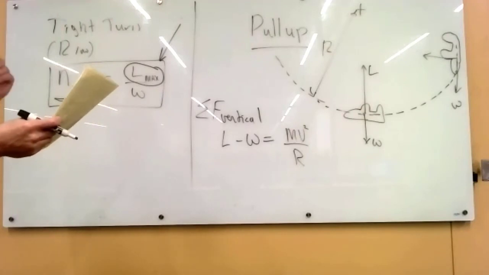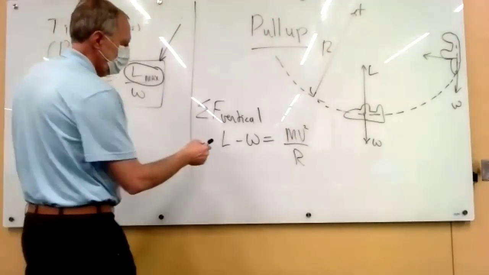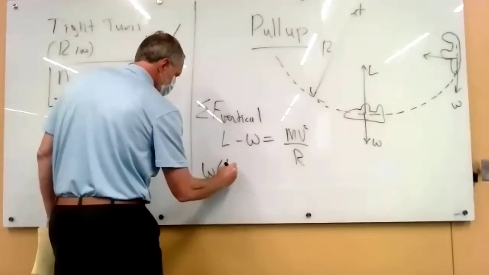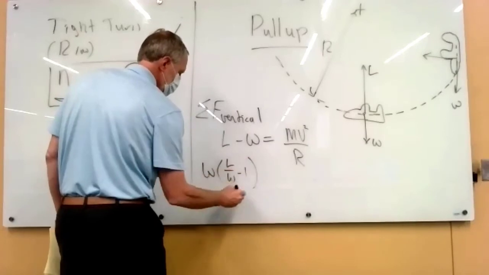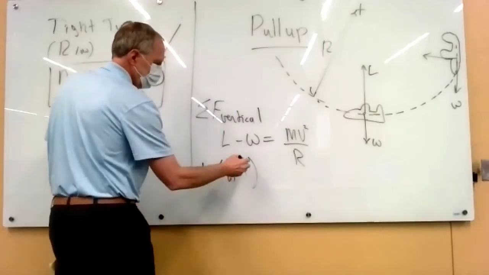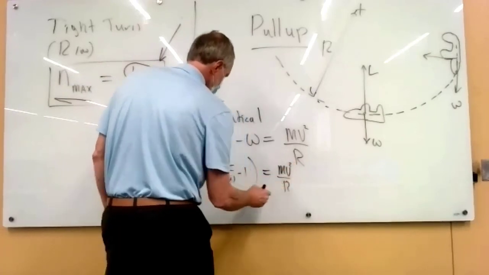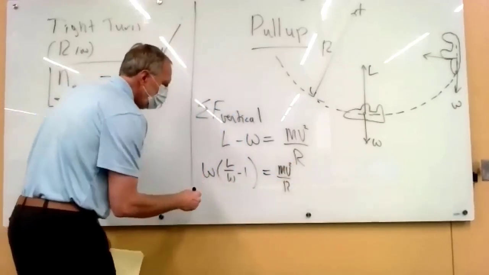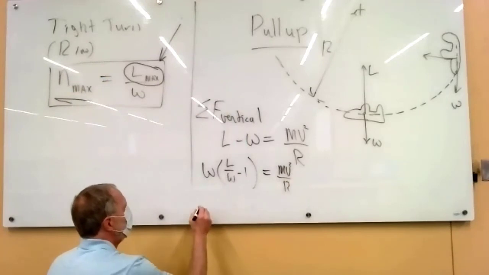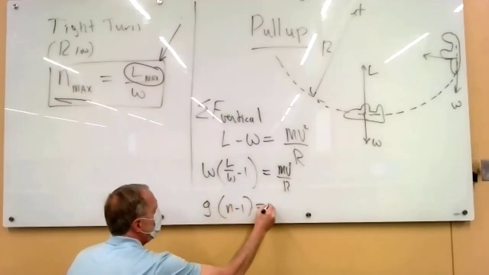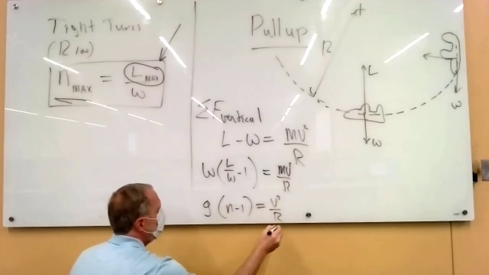You can still do this in terms of load factor, because if we divide the weight out of this, that's the load factor. And the weight is mass times gravity, so we get gravity times load factor equals v squared over r.